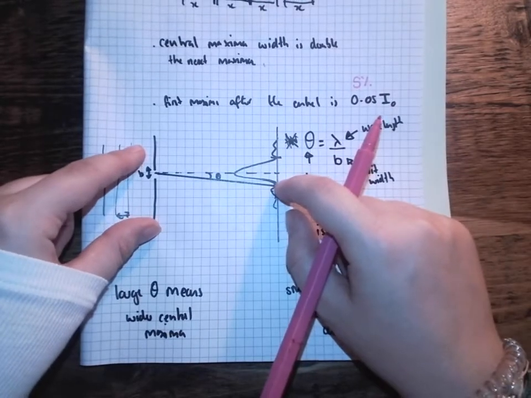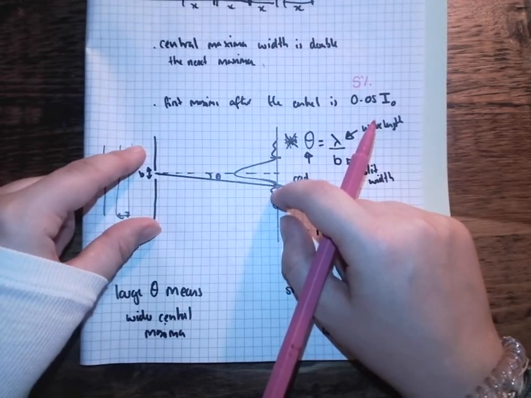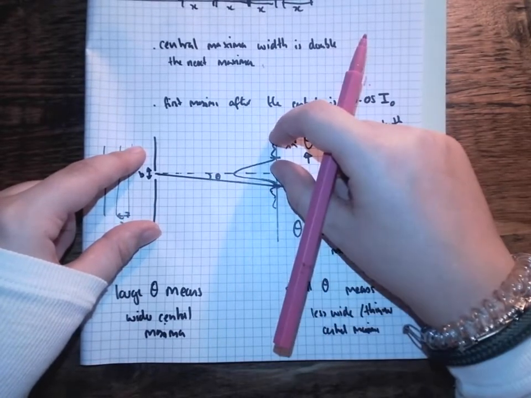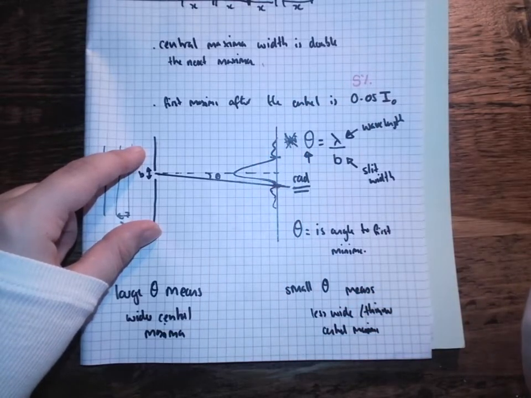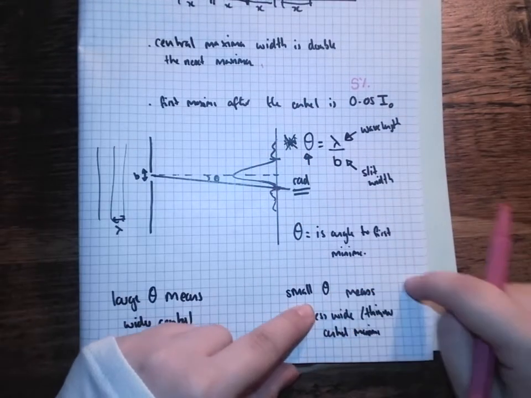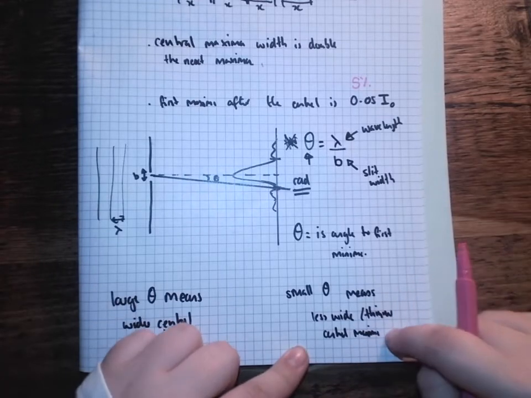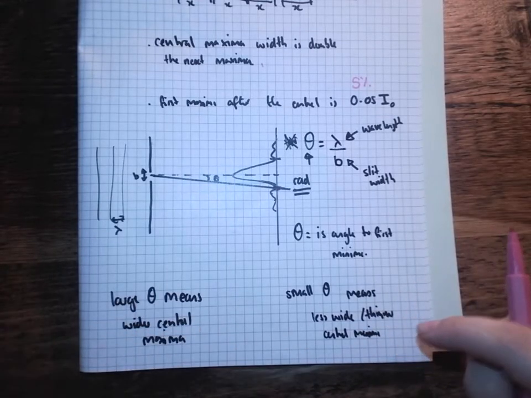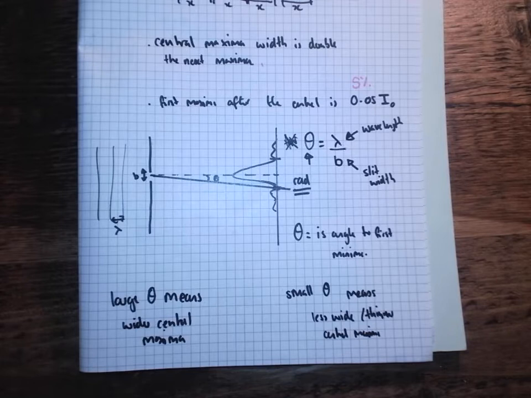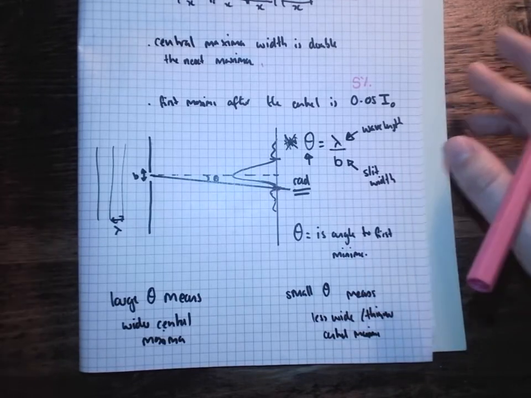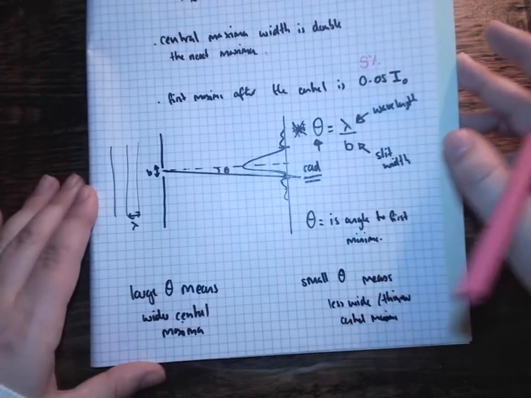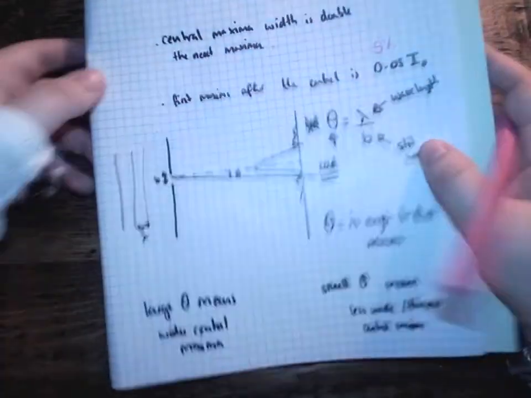That first minima would occur at a larger distance, so I'd have a much thicker central maxima. A smaller theta also means that we have a thinner central maxima. Sometimes they might ask you questions to describe the interference pattern, asking what would be changing here. So we're going to start looking at what this means in the next one, because it says, can you qualitatively describe the single slit interference patterns?